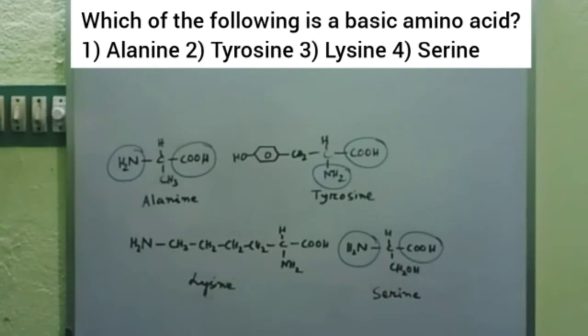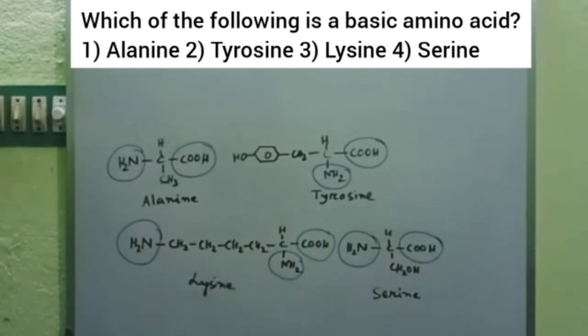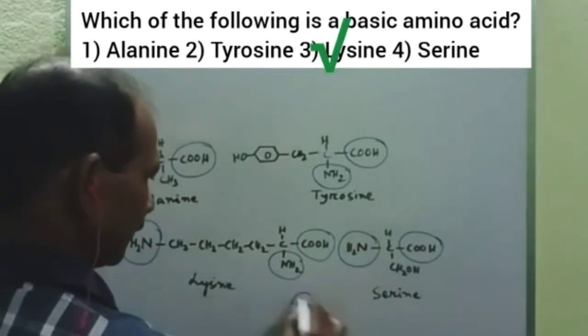But only in lysine, there are 2 amine groups, but 1 carboxylic acid group is present. Therefore, out of 4 amino acids, lysine is here basic in nature. So the right option is here option number 3.